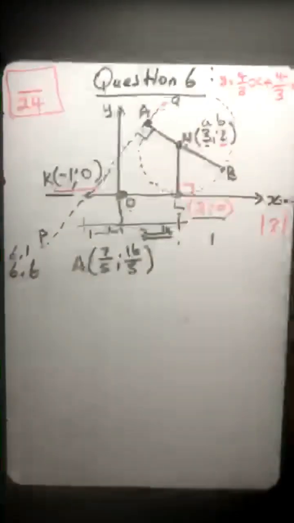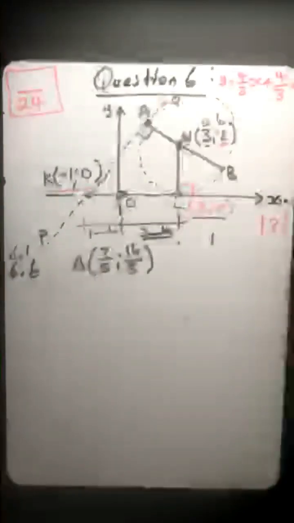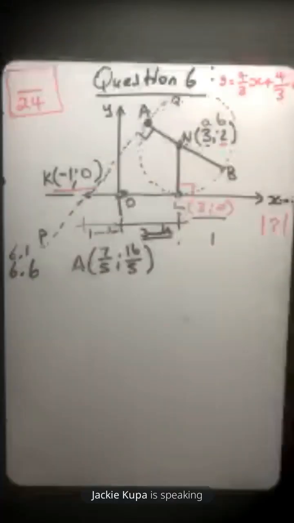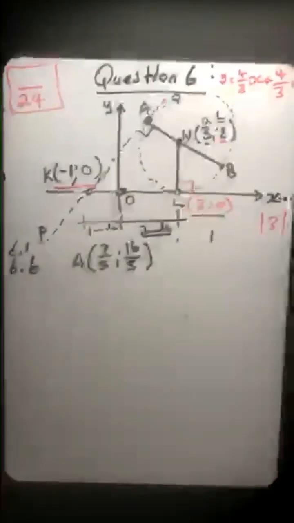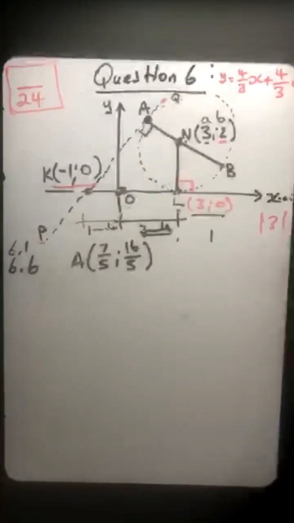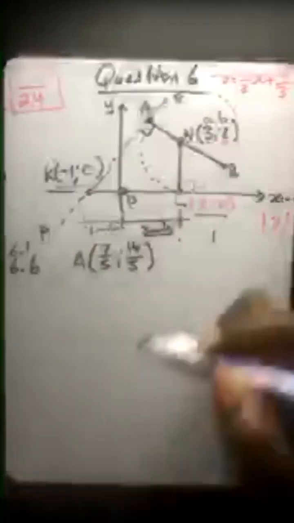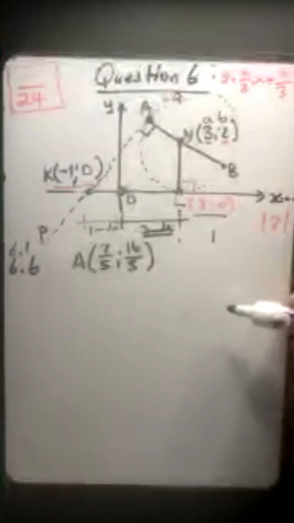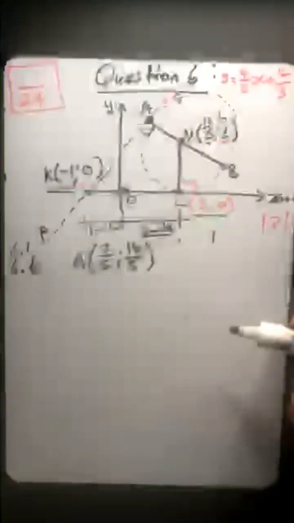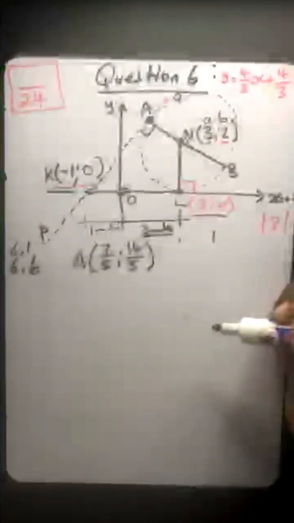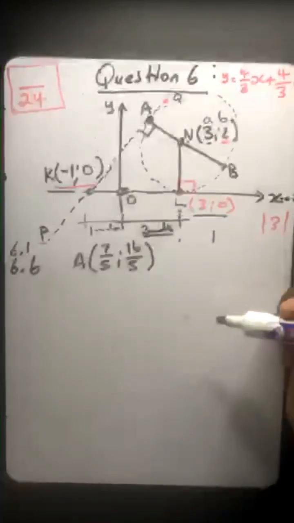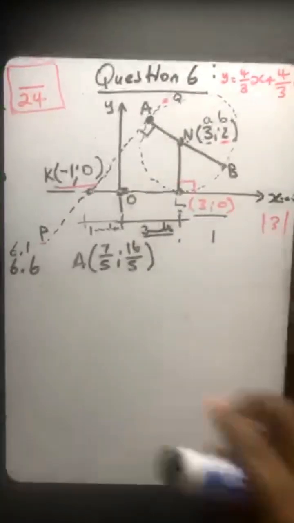Jackie, you are quiet, honorable member. Are you sure we are not losing you there? Yes, I'm okay, sir. Okay. The coordinates of A, anyone who would like to suggest, remember guys, now that we are doing the corrections, it doesn't mean that if you made mistakes and you now realize how to work out these other questions, you should keep quiet.